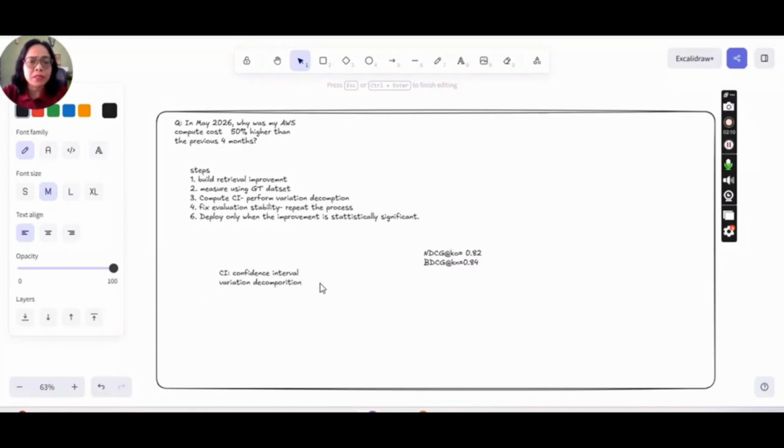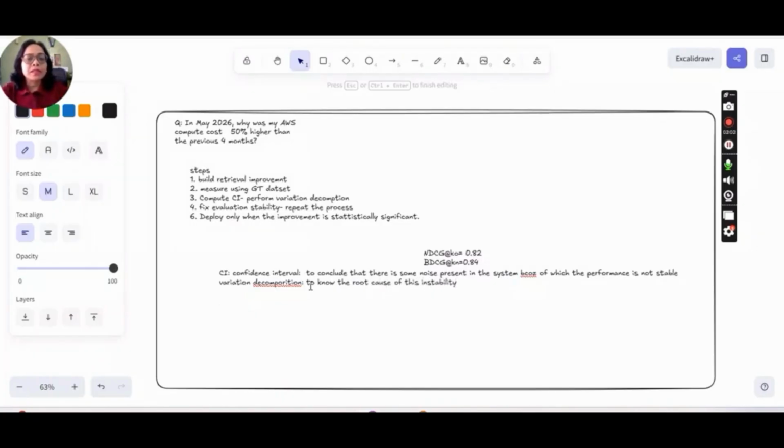This specific confidence interval will be used to conclude that there is some noise present in the system because of which the performance is not stable. And the other one is used to find the root cause of this instability.